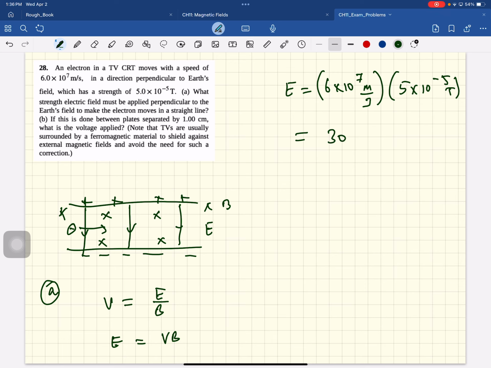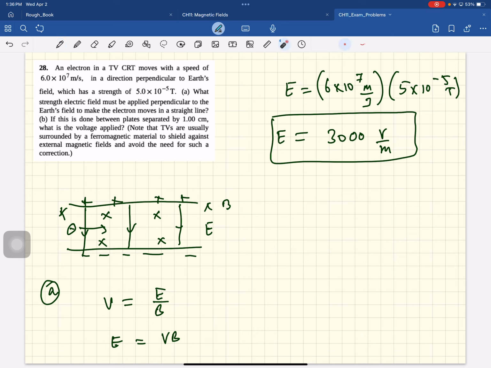Okay, 30 into 10 to the power 2, and this will be volts per meter. So the electric field needs to be that strong. If this were 1 meter apart, you need 3,000 volts applied. And if it's 1 centimeter apart, you need 30 volts applied between the plates.